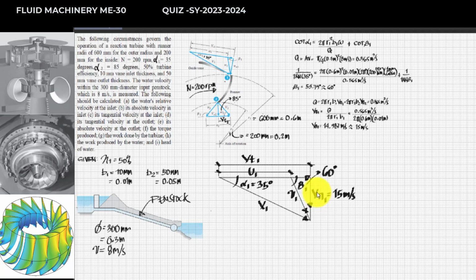Okay? So, given na yung normal velocity, which is given already to the problem, we need to determine now the relative velocity. Now, looking at the velocity triangle, this is opposite of this angle, no? And this is my hypotenuse.